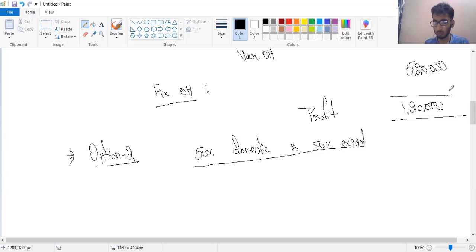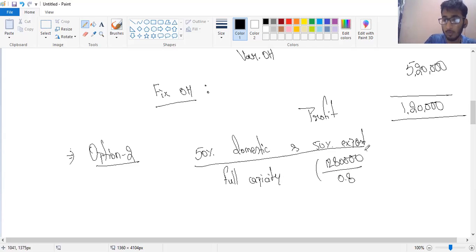So what would be my full capacity? If 12 lakh 80,000 is 80% capacity, my full capacity would be 16 lakh.